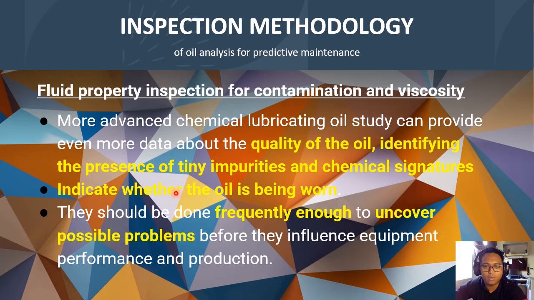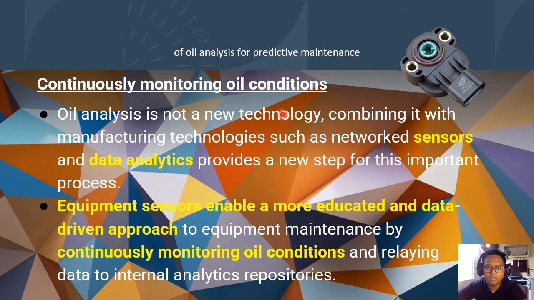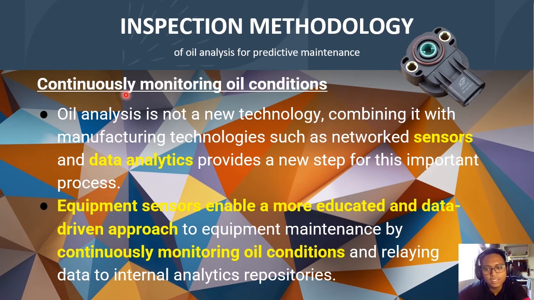This method indicates whether the oil is being worn, for example, our engine oil. This method should be done frequently enough to uncover possible problems before they become a major problem on our engine or any equipment.